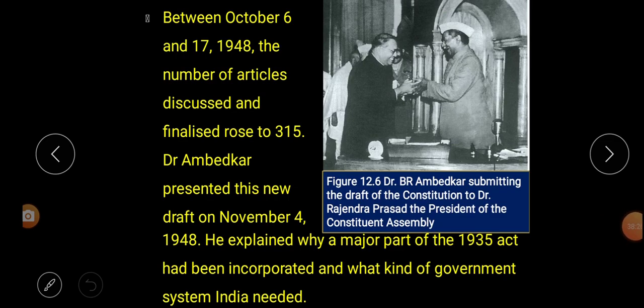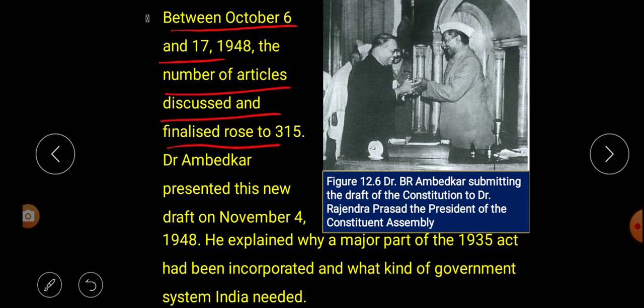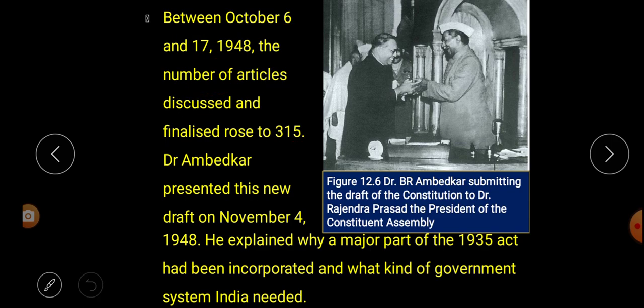Next paragraph. Between October 6 and 17, 1948, the number of articles discussed and finalized rose to 315. That means there was discussion from October 6 to October 17, and numbers of articles were discussed, and at last they finalized, and the total articles became how much? 315.